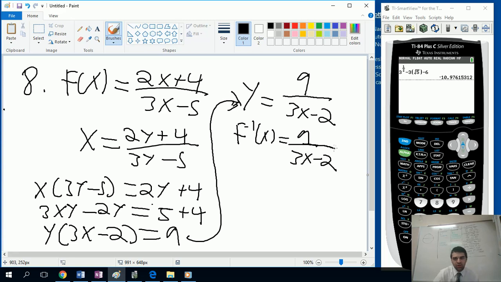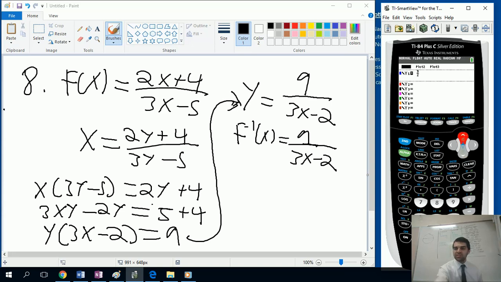Determining whether it's 1 to 1. The best way to determine whether a function is 1 to 1 is to know that each y output has one and only one corresponding x input. But I like to solve this using the horizontal line test. We have to determine whether f of x is 1 to 1.